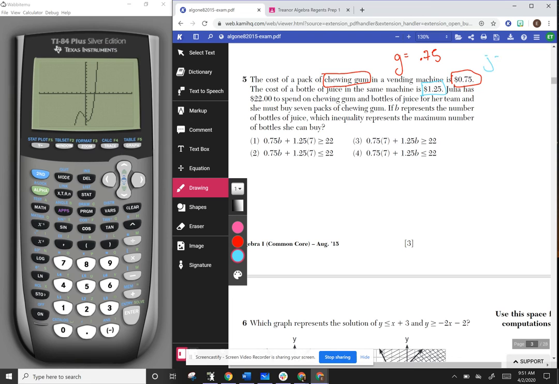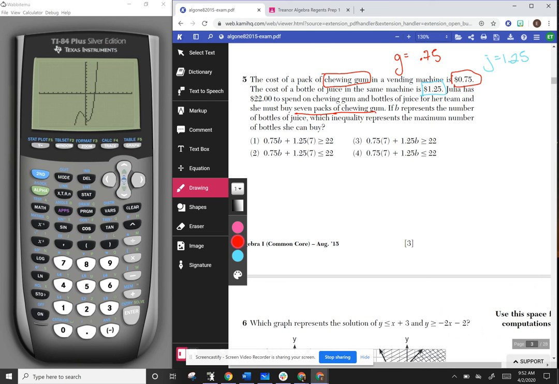So we could say J equals 1.25. Julia has $22 to spend on chewing gum and bottles of juice for her team, and she must buy 7 packs of chewing gum. If B represents the number of bottles of juice, which inequality represents the maximum number of bottles she can buy?